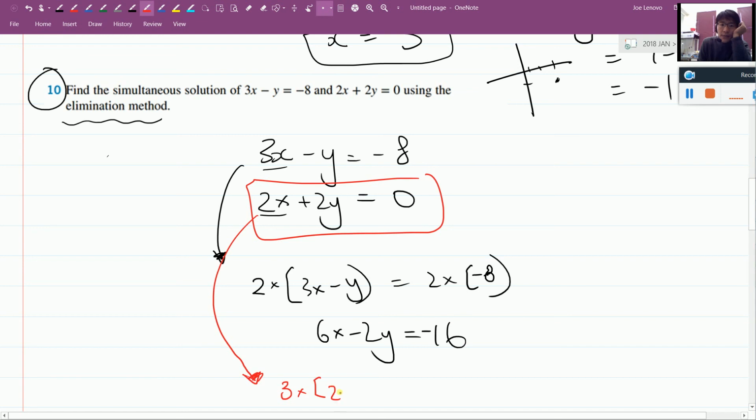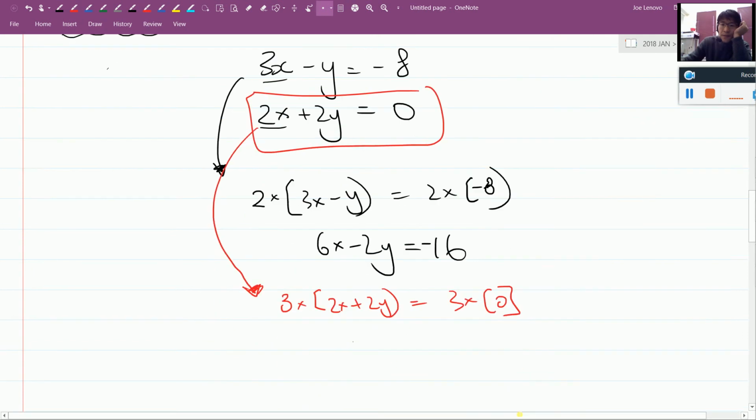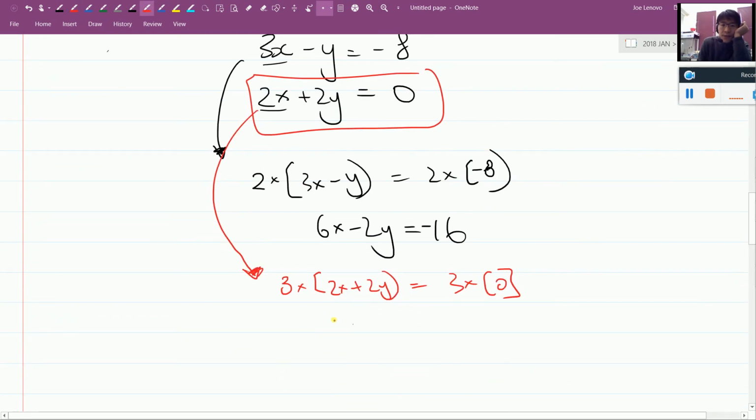So 3 times 2x plus 2y equals 3 times 0. 6x plus 6y equals 0. Now I've got two equations: 6x minus 2y equals negative 16, and 6x plus 6y equals 0.